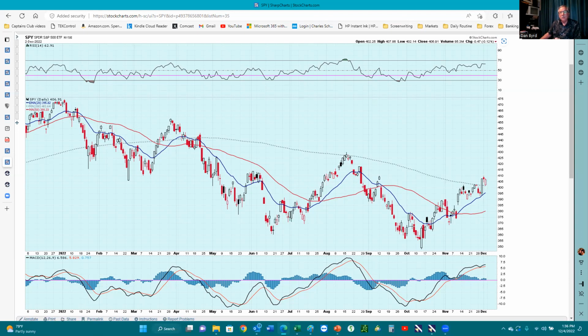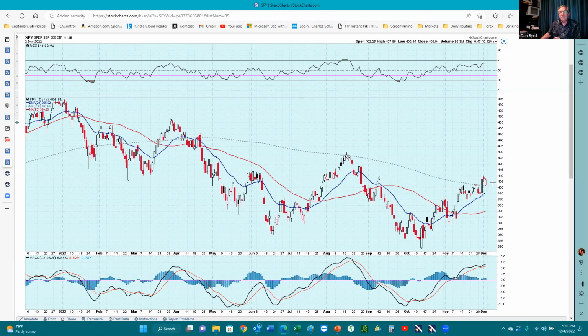There's a whole process or philosophy or study around candles themselves, because each one will tell you a different story. They basically tell you what has been happening during the day. So this red one right here, it opened up here and it closed at the bottom. If it closes lower than it opened, then it becomes solid. If it closes higher than it opened, then it becomes open.